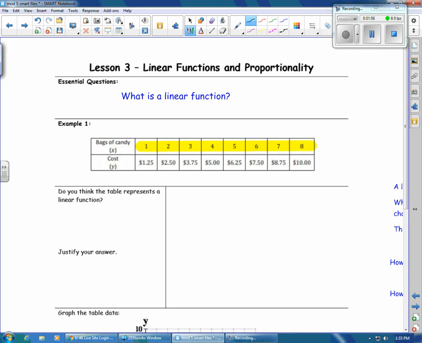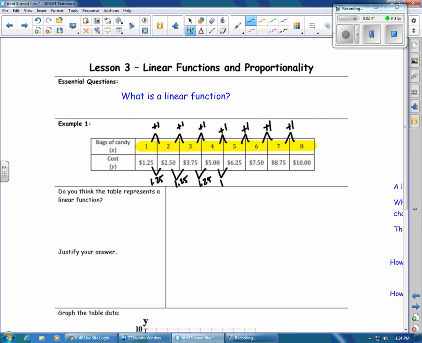So to check to see if it's a linear function, we need to see how our rate of change is changing at each interval. So our x's are going up by 1 each time. 1 plus 1 is 2, 2 plus 1 is 3, and so on. Our y's, $1.25 to get to $2.50, that's going up by 1.25. $2.50 to get to $3.75, okay, that's also going up by 1.25. $3.75 to $5, 1.25.